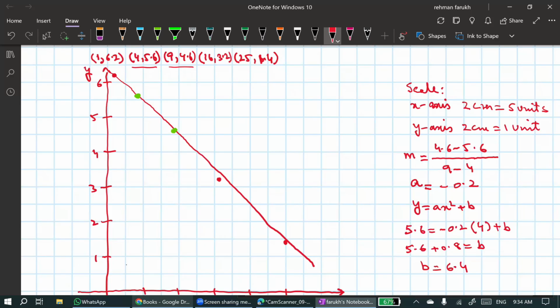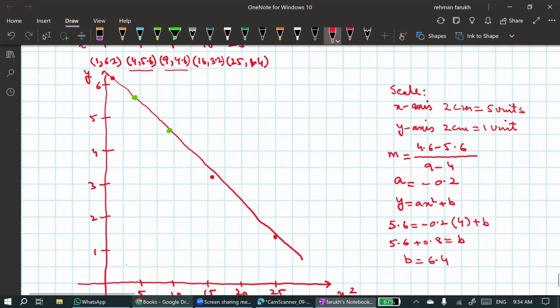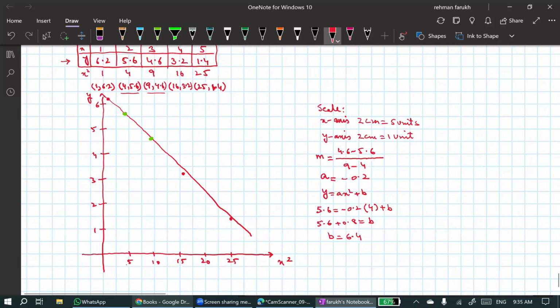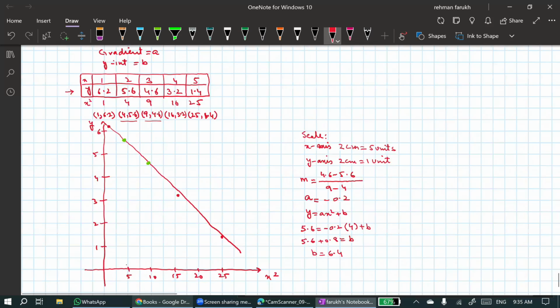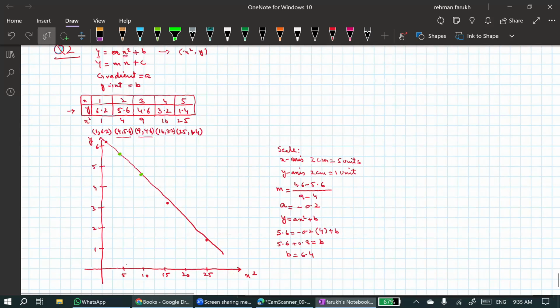These are the values of a and b. We have drawn a straight line, and we have used this straight line to find out the values of a and b for this data.